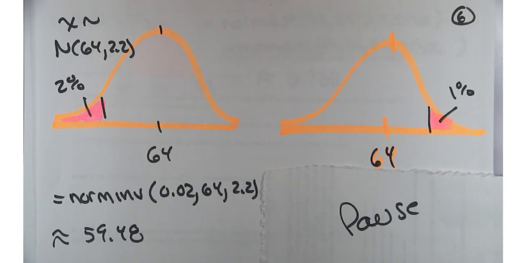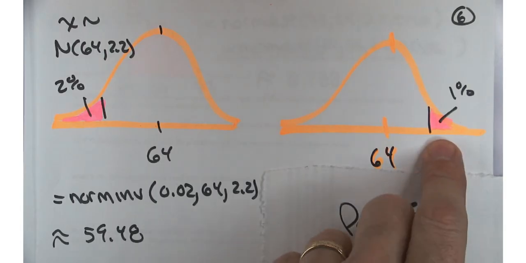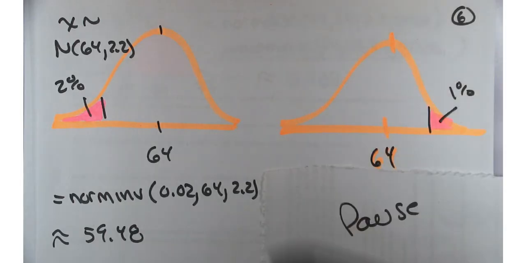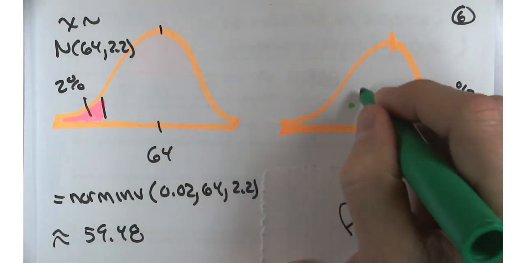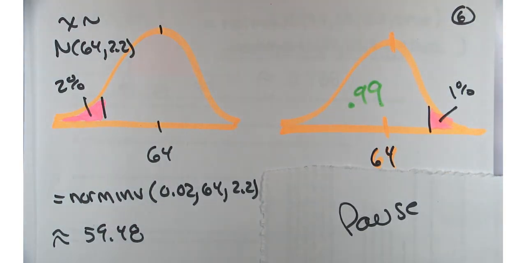If 1% is in the right tail, then what percentage of the area is in the left tail? 99%. So the key here is that I've got to type in 0.99, because that's how Google Sheets works: it's giving you the area in the left tail.